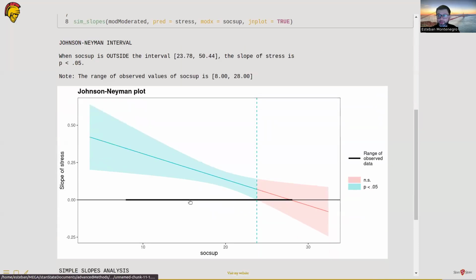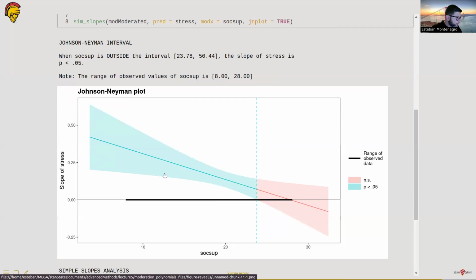You can get this beautiful plot. And it's beautiful because it's a technique where you can see when the relationship between stress and depression is explained by chance at different levels of social support.